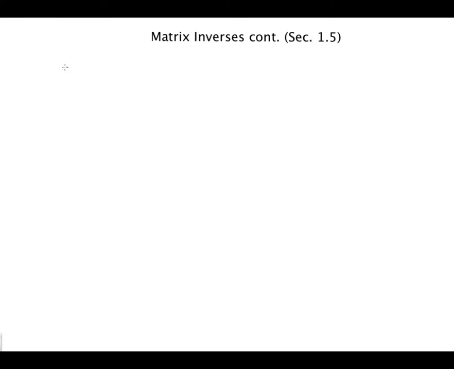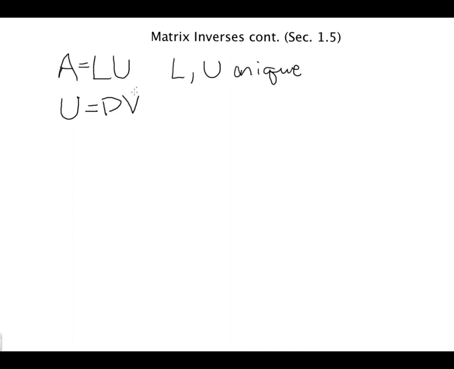Okay, so what I just proved is that this decomposition, if I write a matrix A as equal to L times U, then L and U are unique. And similarly, if I write a matrix U is equal to D times V, then D and V are unique.